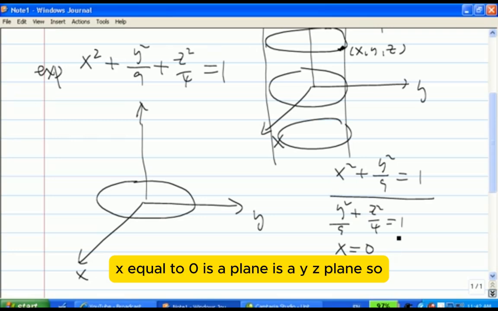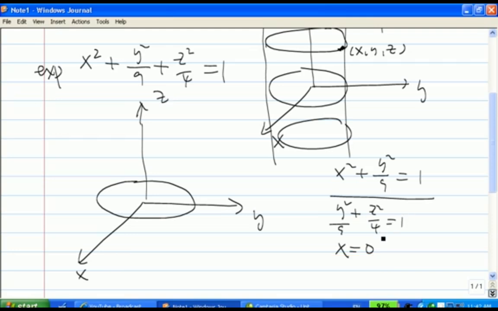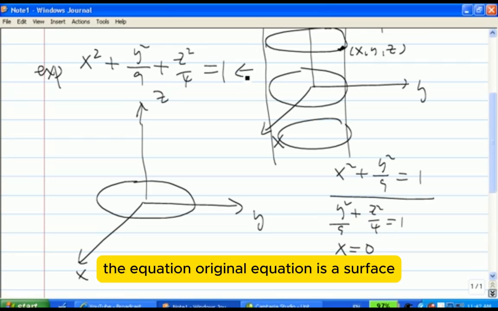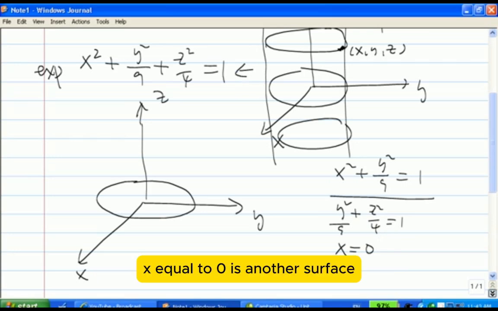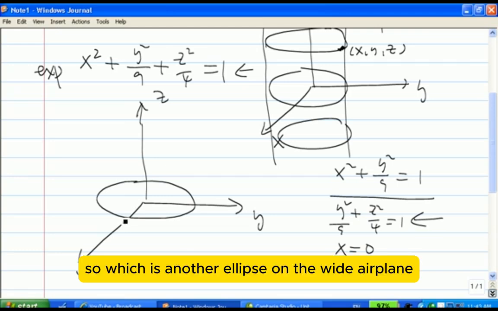X equal to 0 is a plane, the YZ plane. The original equation is a surface, x equal to 0 is another surface. The intersection of those two surfaces gives you a curve like that, which is another ellipse on the YZ plane.